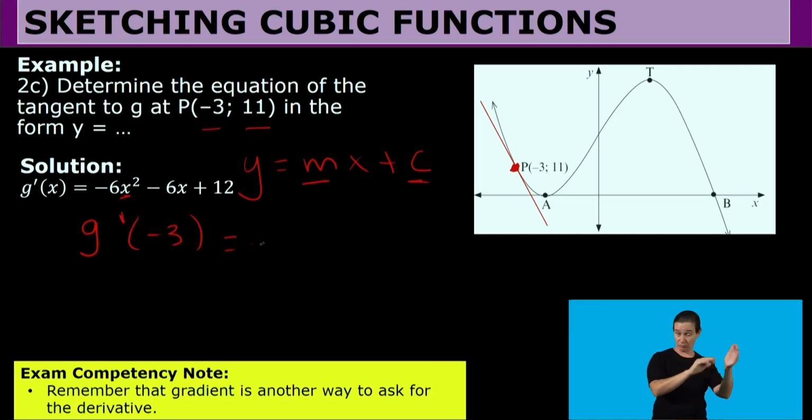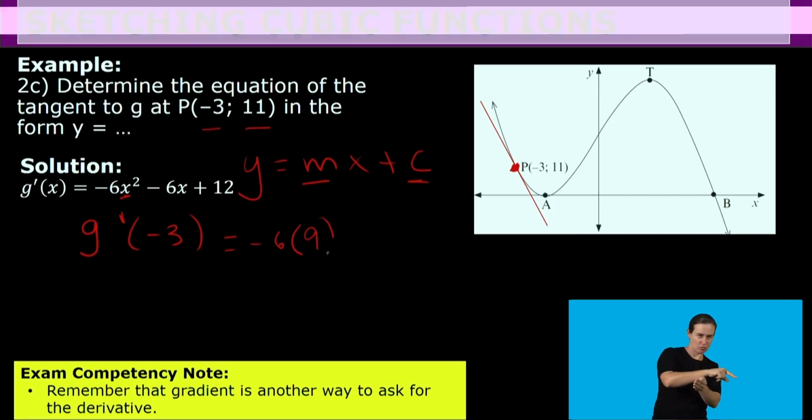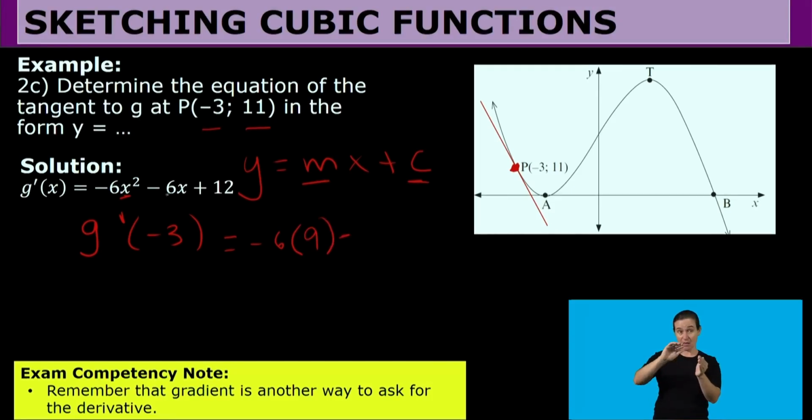So we get -6 into, if I'm going to square it at the same time, -3 squared is going to give me 9. -6 times -3 is going to give me +18 plus 12.